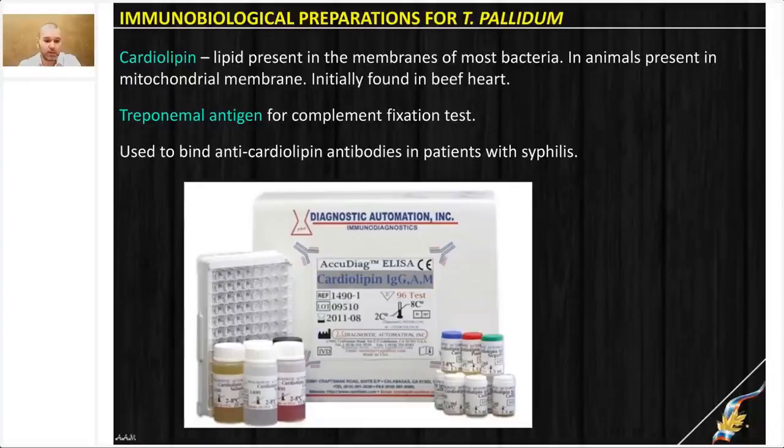You see in that picture an ELISA test for cardiolipin antibodies, IgG, A, and M. The main penalty of the test is that it is fast and pretty sensitive, but it will show you the presence of any type of cardiolipin.